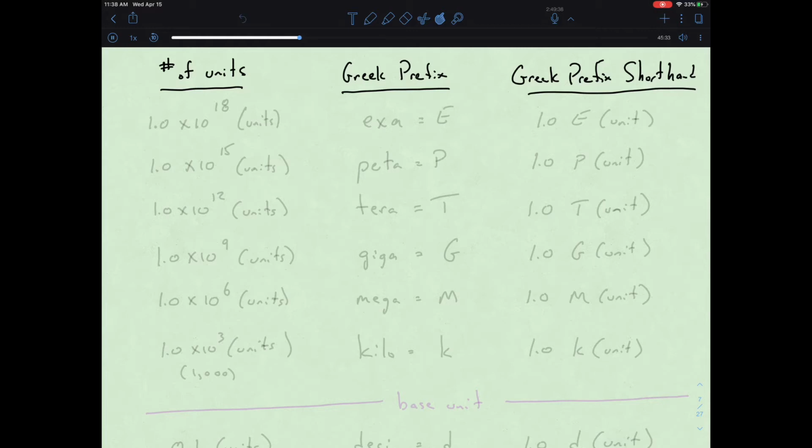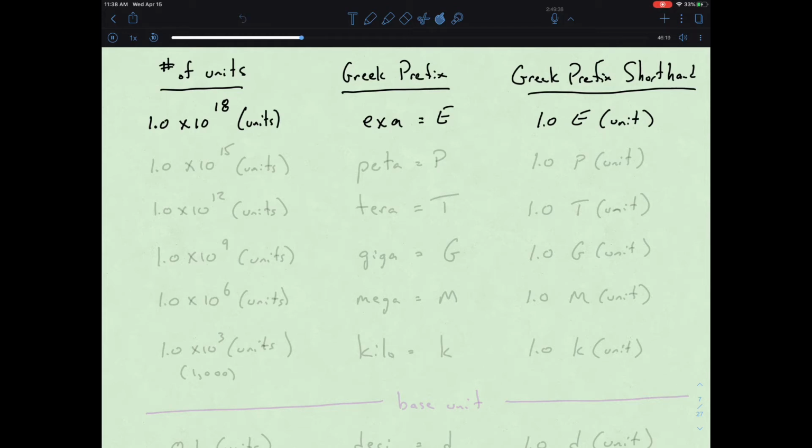So if we start with 1.0 times 10 to the 18th units, or things, the Greek prefix for this is exa, which equals capital E. So this would be equal to 1.0 exa units, depending on what the unit we had in the beginning.